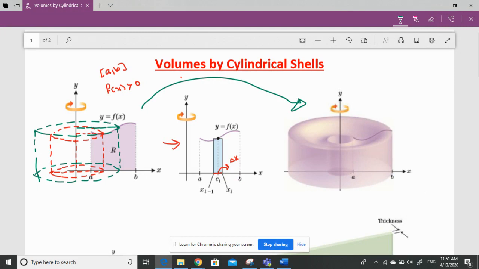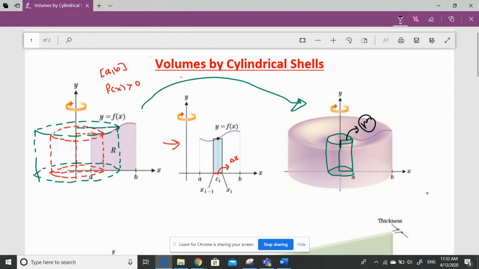Now let me focus on this shell, the first one, this cylindrical shell. We have two things. The first one is the radius, so I have a radius r.